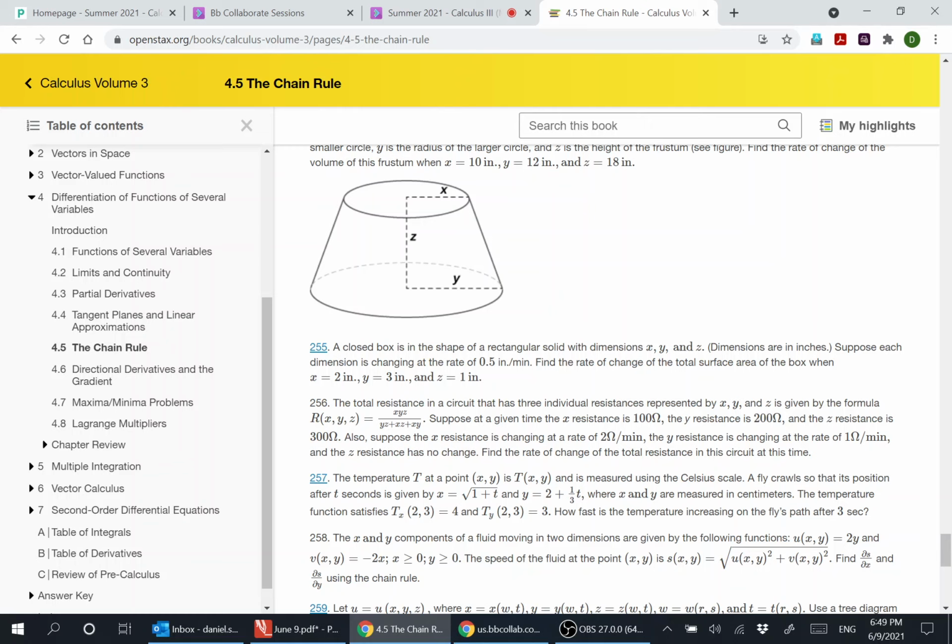Suppose each dimension is changing at half an inch a minute. Okay, they're going the boring route again. They're not making them different. So anyway, you have dx/dt, dy/dt, and dz/dt. They're all 0.5. Find the rate of change of surface area when the box is 2 by 3 by 1 inches. That's 255.